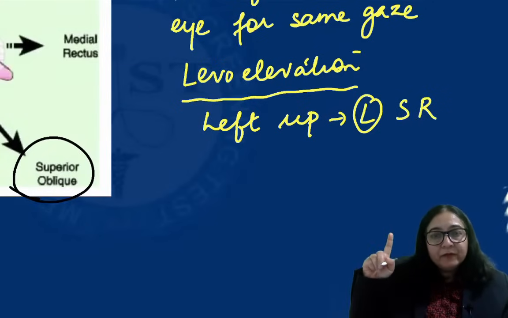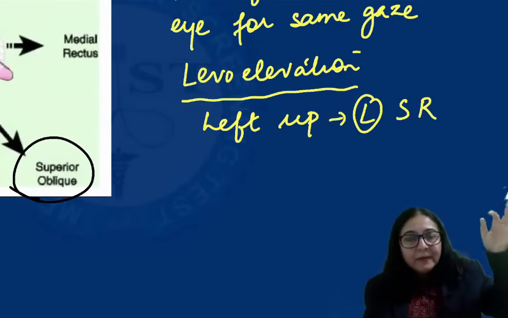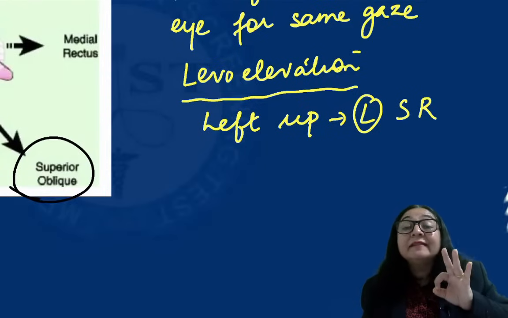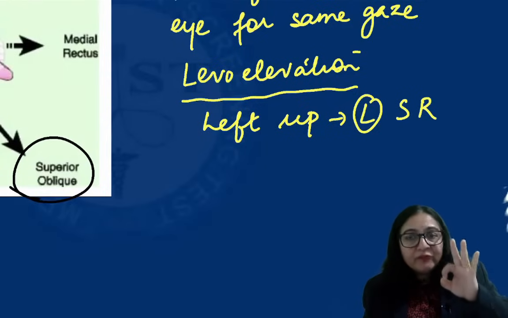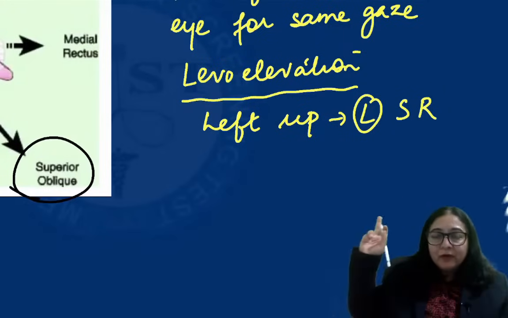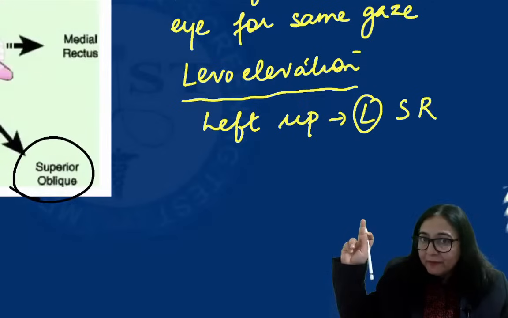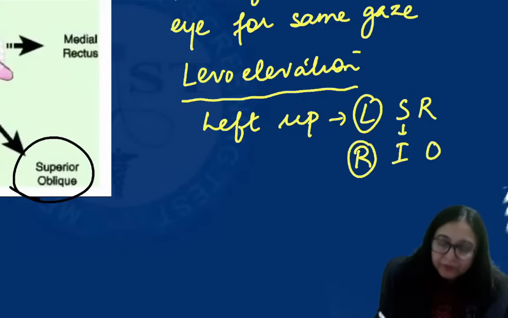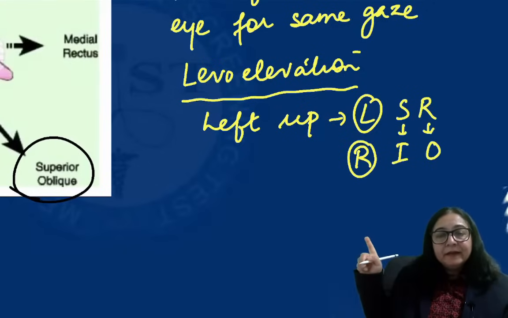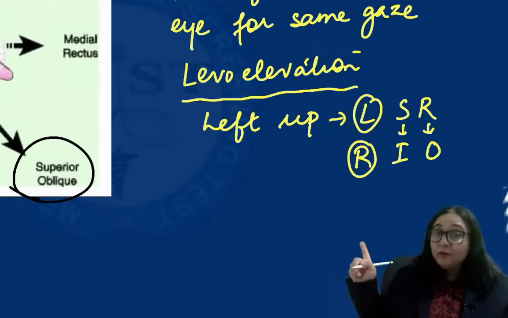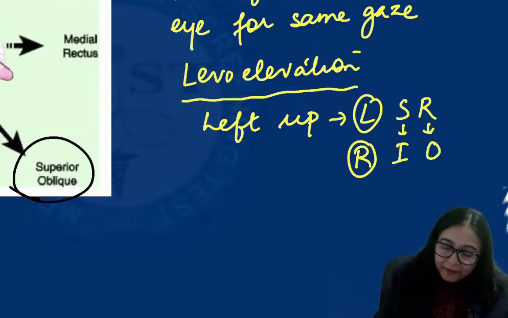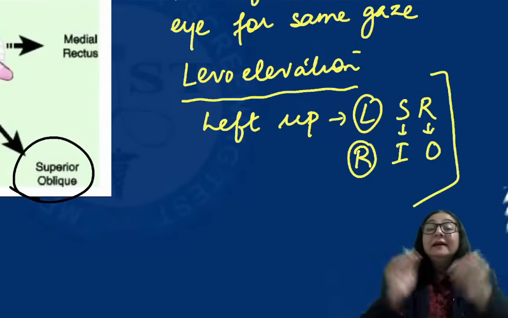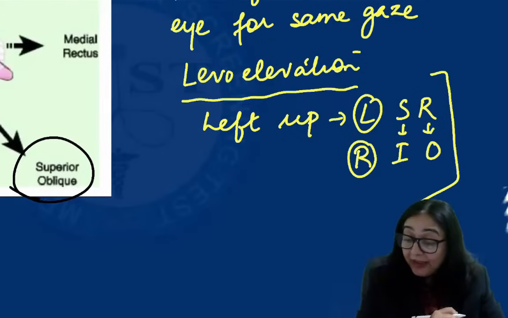Which rectus moves the eye up? Superior rectus. So left eye superior rectus will be used, whereas right eye inferior oblique will be used. So convert superior into inferior, rectus into oblique. So these will be the yoke muscles for the left and up action.